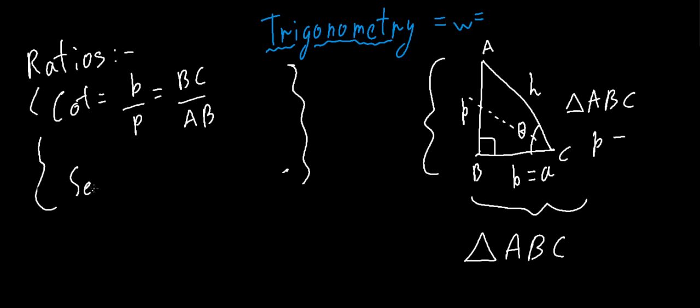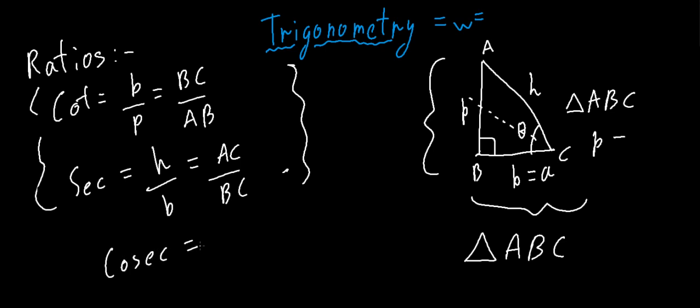Now next up we have sec. In sec theta we have the hypotenuse by base. In triangle ABC we have hypotenuse as AC and base as BC. That's quite all of it. Nothing much more to discuss on this. Next up, lastly, we have the cosec.